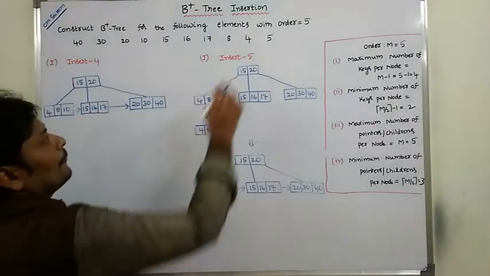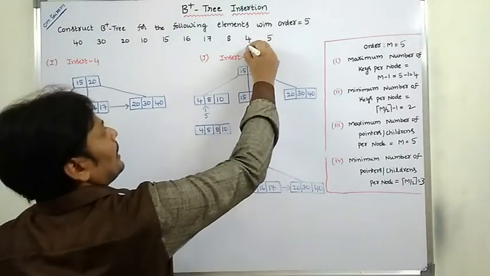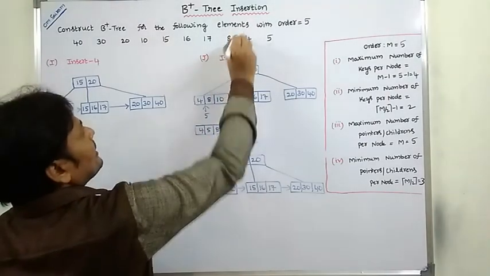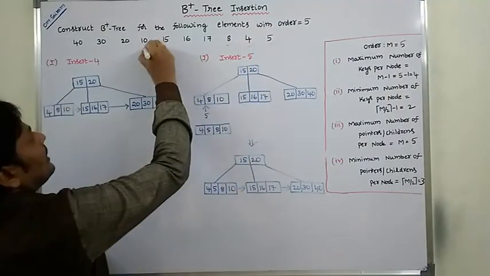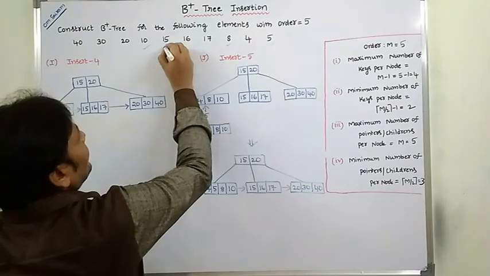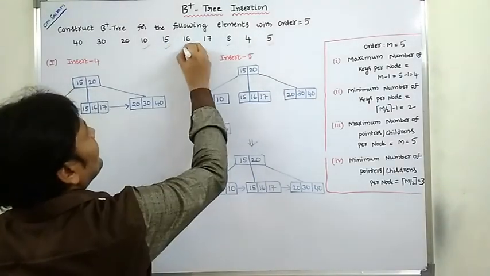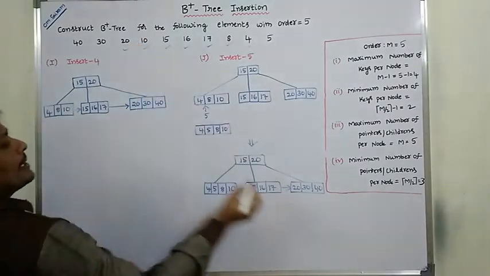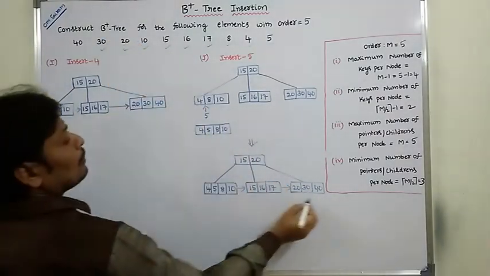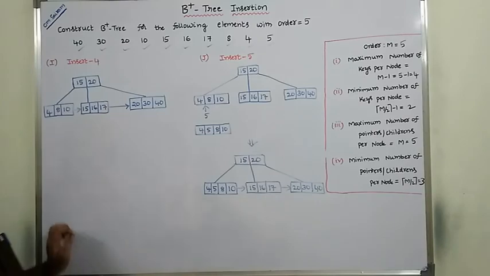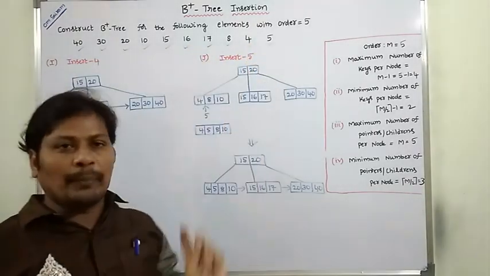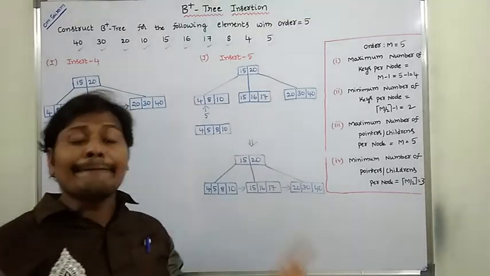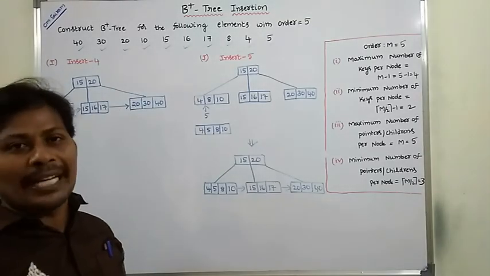First, 4 is there, it is completed. 5 is there, it is completed. 8 is there, it is completed. 10 is there, it is completed. 15, it is completed. 16, it is completed. 17, it is completed. 20, it is completed. 30, it is completed. 40, it is completed. So all the nodes are completed. All the nodes are available at the leaf nodes only in the B plus tree.